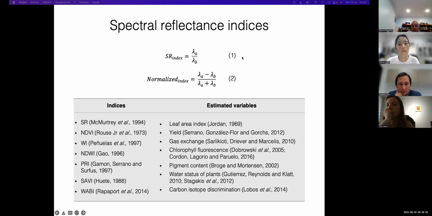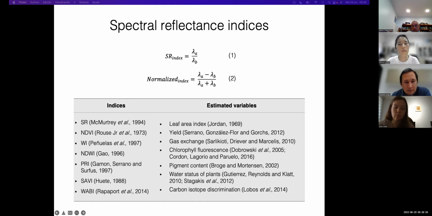The advantage of this approach is that they are easy to use and also help to normalize background effects of the target spectrum, reducing noise generated by the atmosphere or the ground. Hundreds of indices have been developed to date.